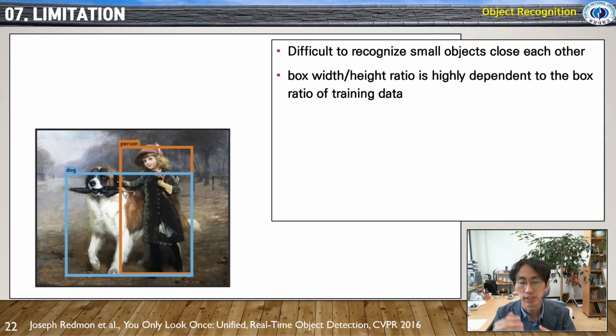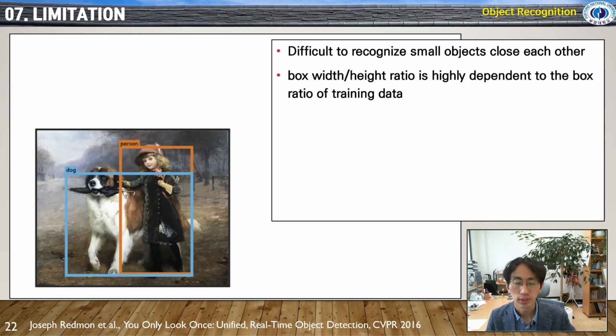If the person is sitting, then it's more like a square shape. But if the person is standing, then the rectangle is longer on the vertical axis. Then it's going to be difficult to recognize.